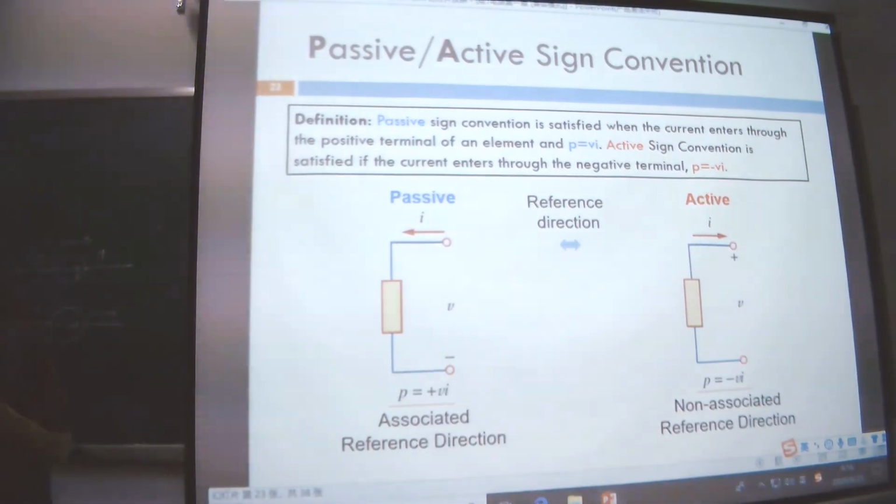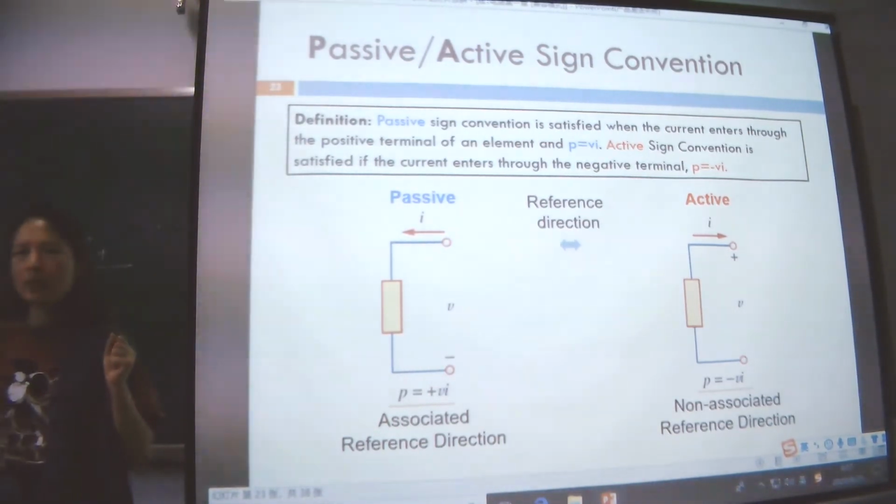In our book, there is a definition of active element. An active element always releases energy.